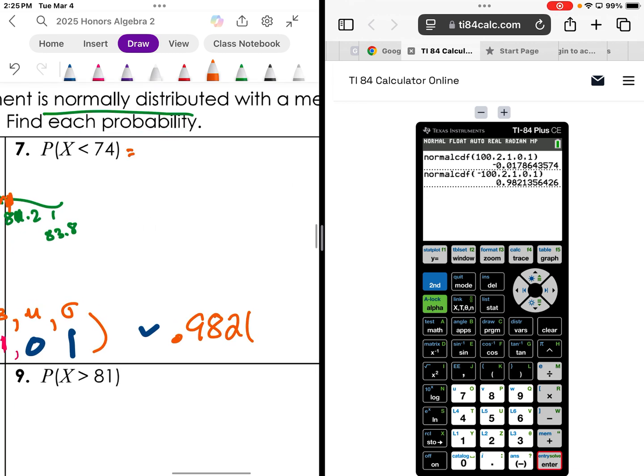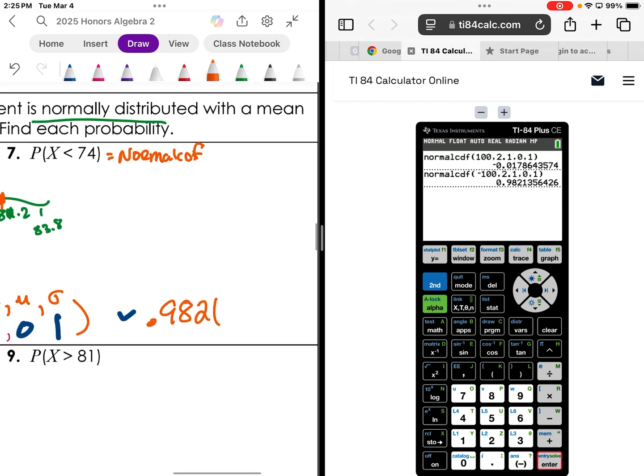All we would do different is we would say normal CDF. And since we're using actual scores, we get to use actual numbers. That is still my upper bound, because I'm less than. I want everything to the left of it. If they ever tell me greater than, then that number has to be the lower bound.